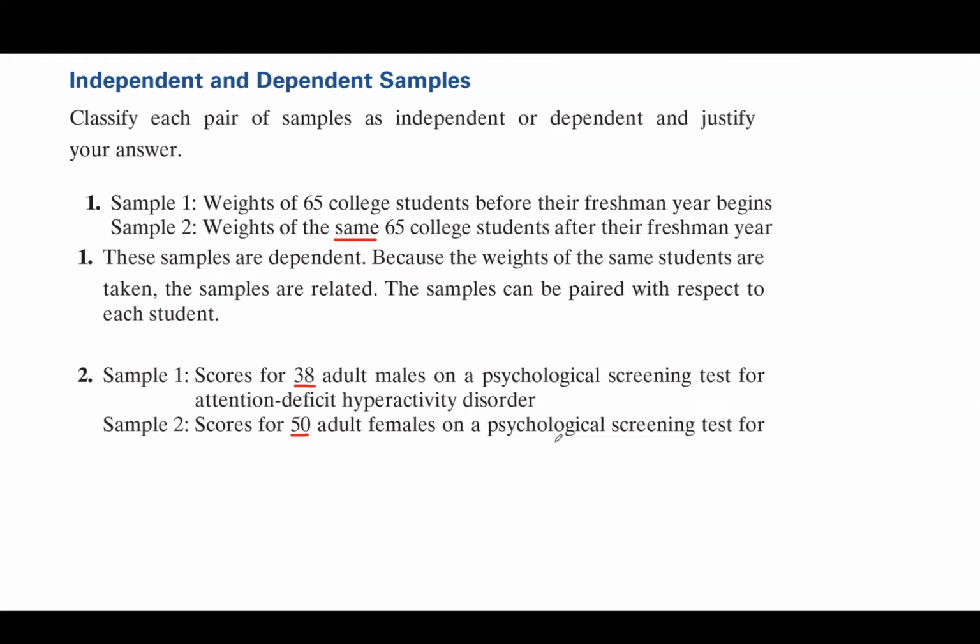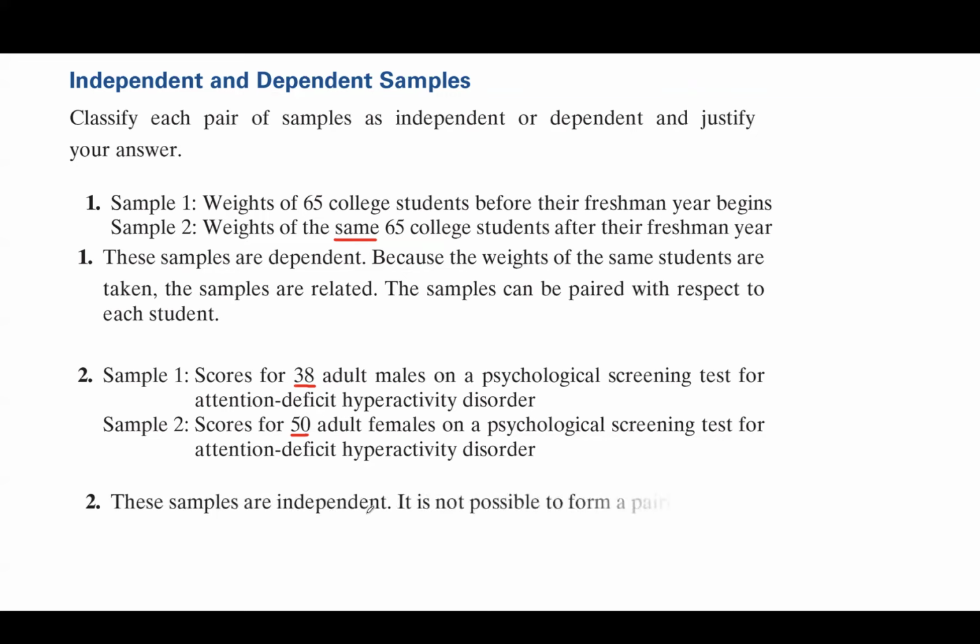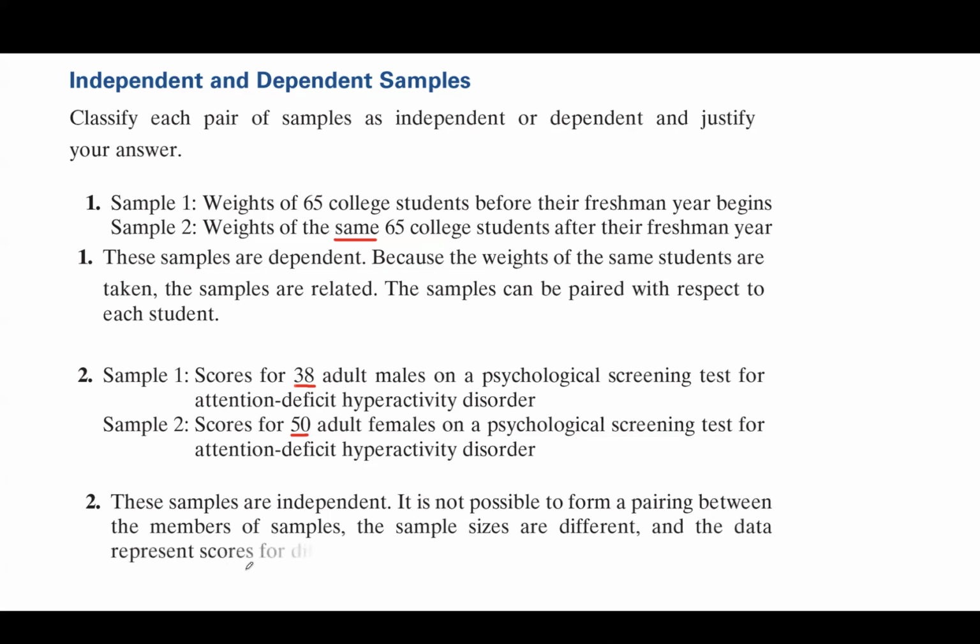The size of the first sample is 38, and the size of the second sample is 50. You have two groups of people participating in this test. These samples are independent from each other. It's not possible to form a pairing between the members of the samples. The sample sizes are also different from each other, and the data represent scores for different individuals.